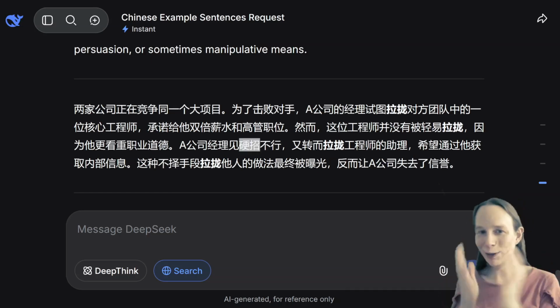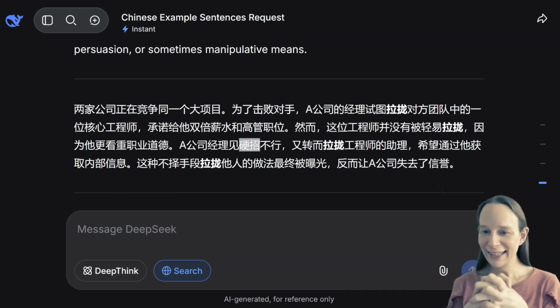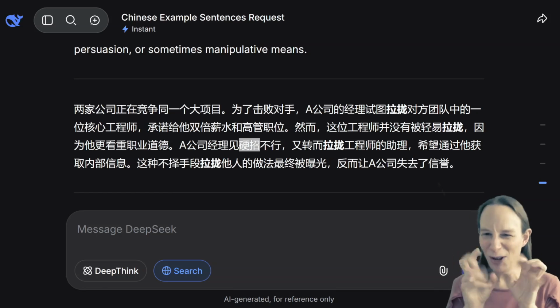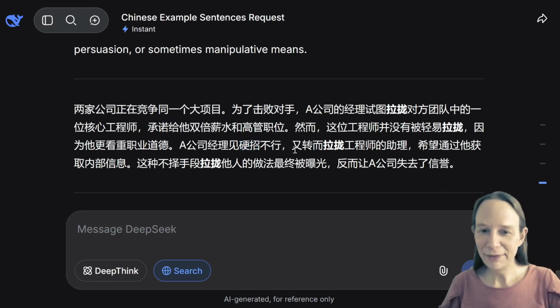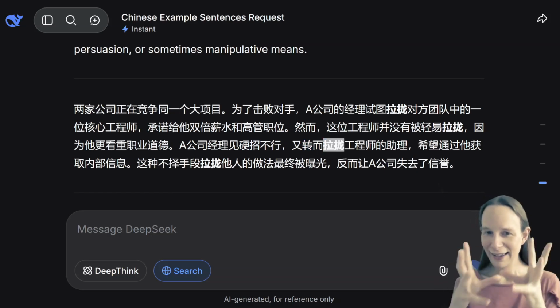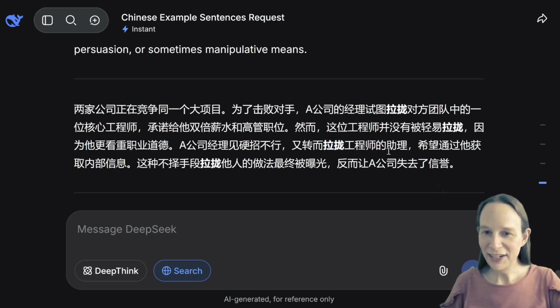So maybe he saw that his scheming and his plotting and his mischief was unsuccessful, and then he changed and tried to rope in the engineer's 助理, helper or assistant. Do engineers have assistants?